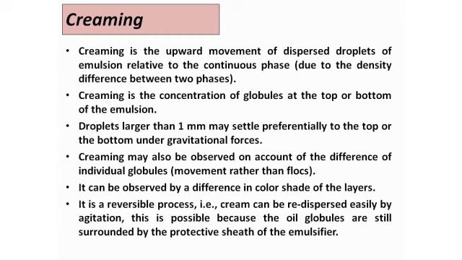In creaming, the oil globules may either go to the top or settle down at the bottom, but they can be resuspended by simple agitation, because the dispersed globules contain a protective layer over their surface.